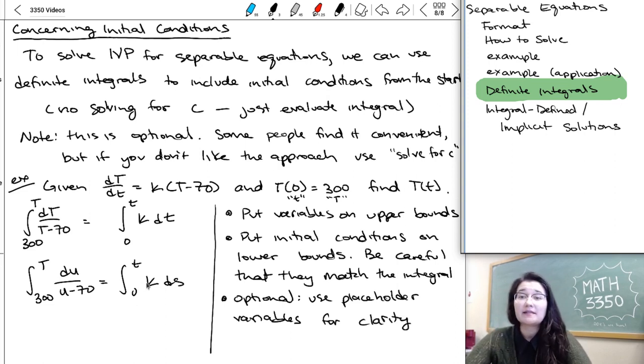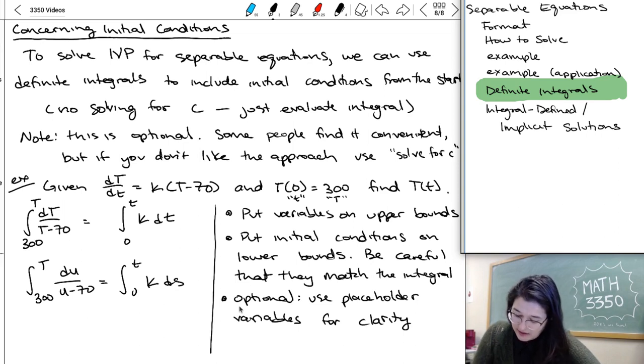So in this case, you integrate with respect to s and then plug in t's, and you integrate with respect to u and plug in big T's. You can do whichever version makes sense for you and does not lead to errors. So this placeholder variable is more technically correct, but sometimes it actually causes problems for students. So do whichever one's going to end in the right answer.